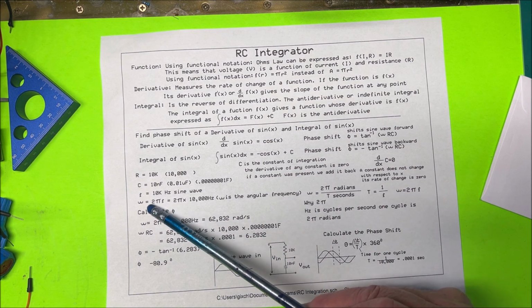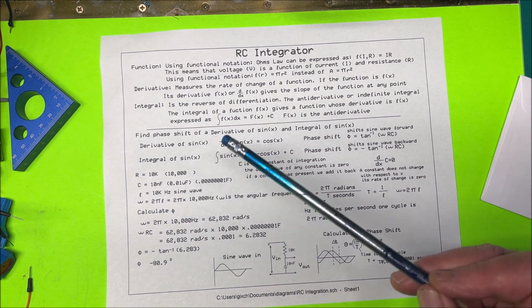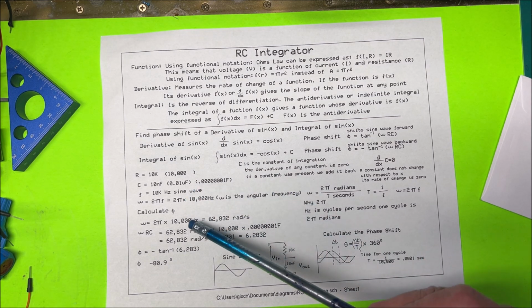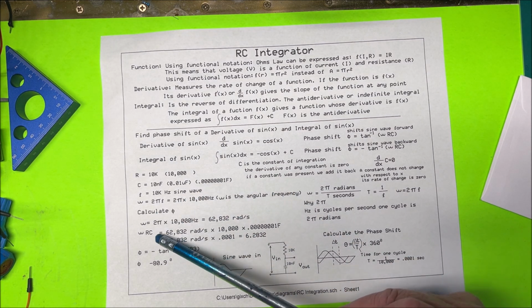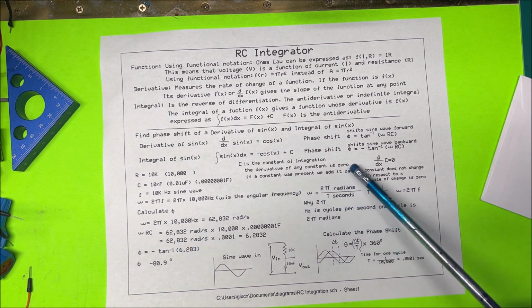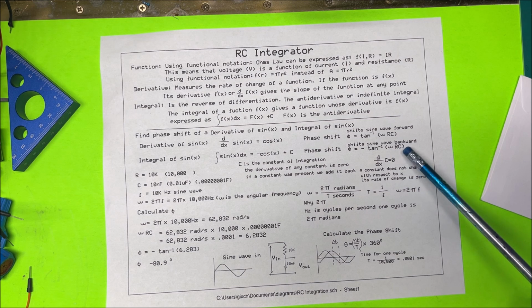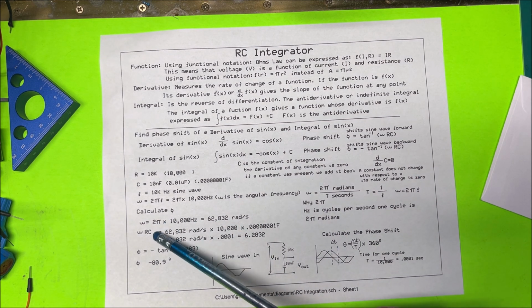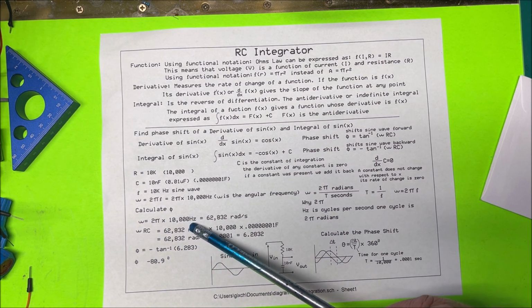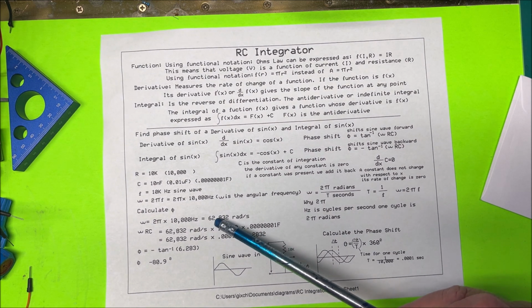So we want to calculate the phase shift here. We've got to take the angular frequency times RC, so we take 2 pi times the frequency, and we get our angular frequency in radians here, okay?